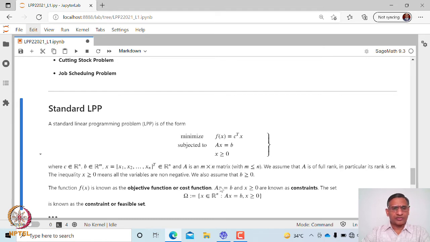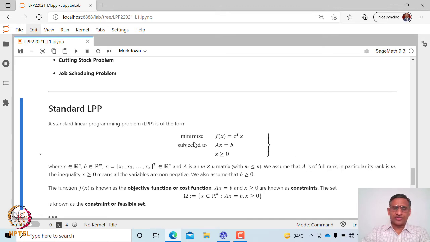One more requirement we will have is that the number of constraints is less than or equal to the number of variables, because in case you have more constraints than the number of variables, it is possible that it may not have a solution. So we will assume that the number of constraints is less than or equal to the number of variables, and also that the matrix A is a full rank matrix. That means, since M is less than or equal to N, the maximum rank of A can be M, and that is what we will assume.